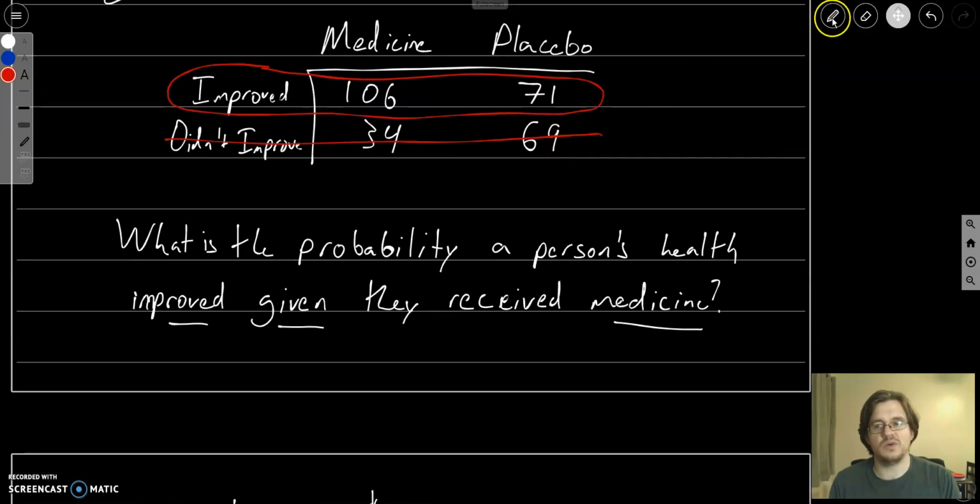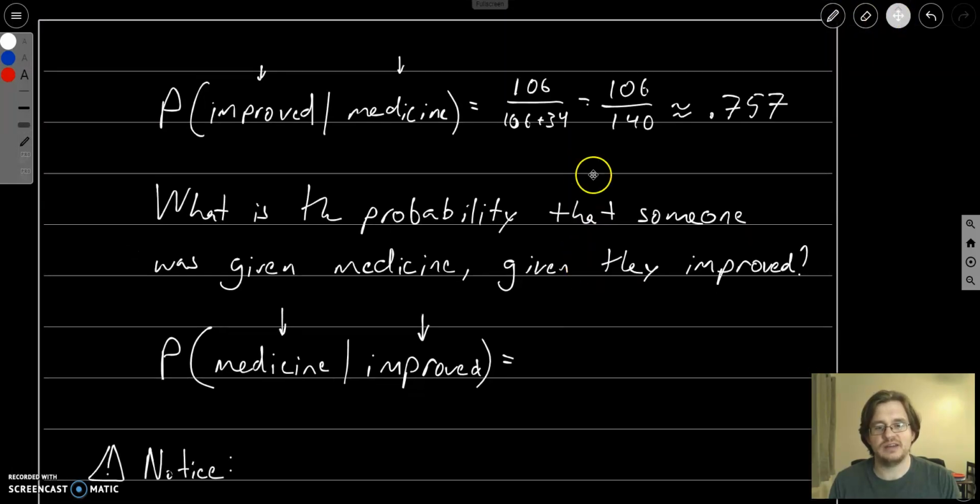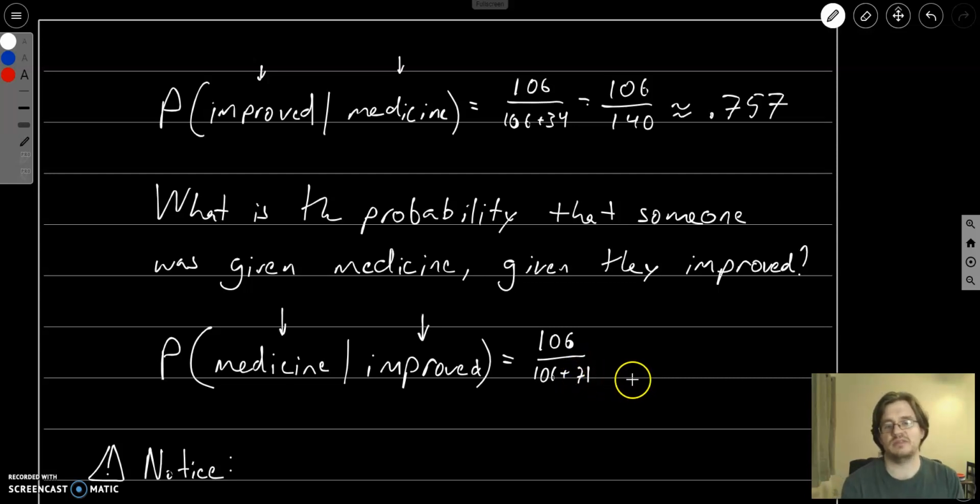So we want to count how many people improved on medicine versus how many people improved overall. So again, there were 106 people that improved on medicine and the 71 people that improved on the placebo.